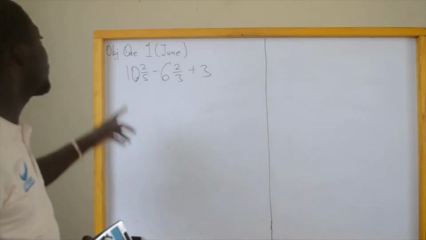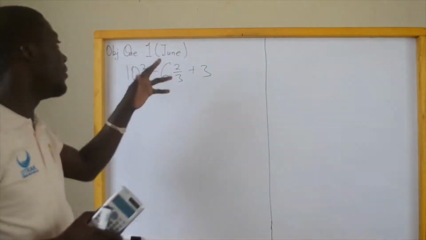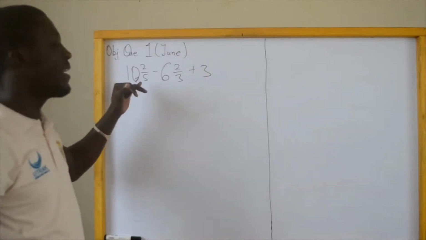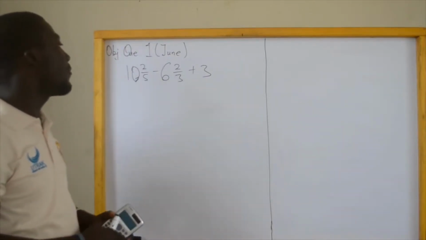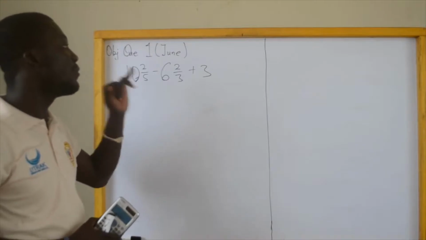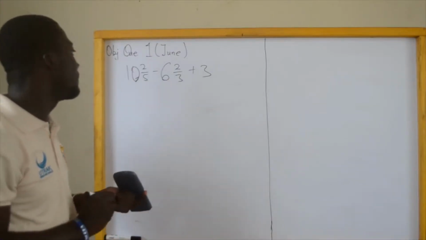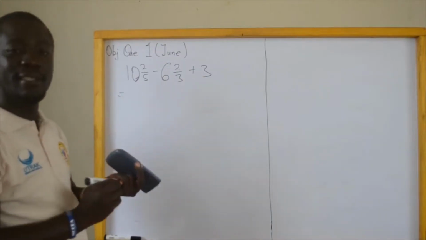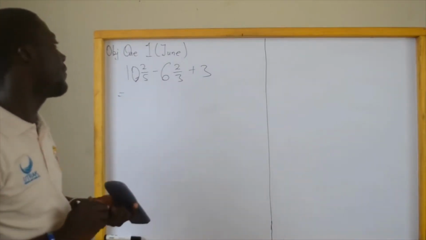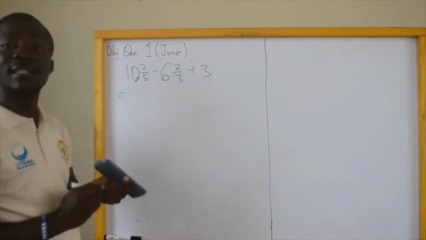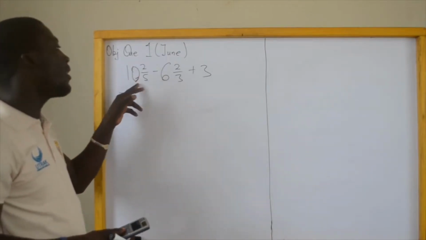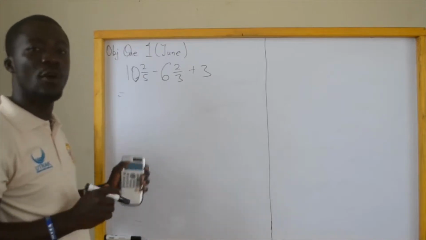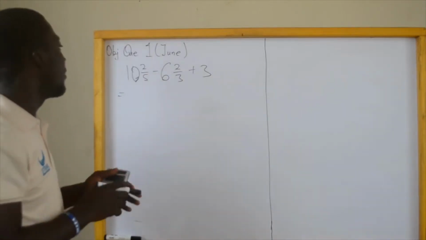First question, which is objective question 1, which came in June. It is saying that we should simplify 10 whole number 2/5 minus 6 whole number 2/3 plus 3. Our first step is to convert the mixed fractions to improper fractions, by multiplying the whole numbers by the denominators and adding the results to the numerators.